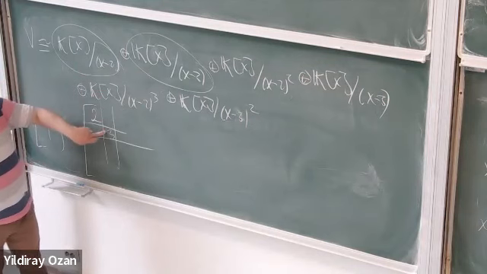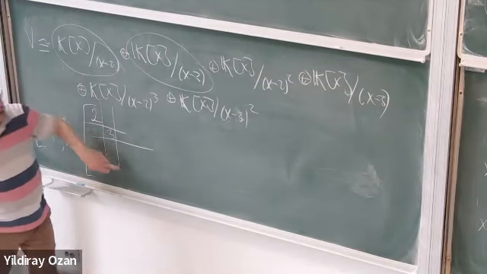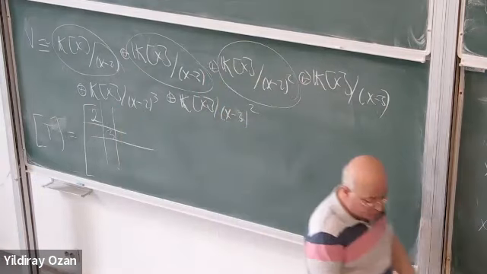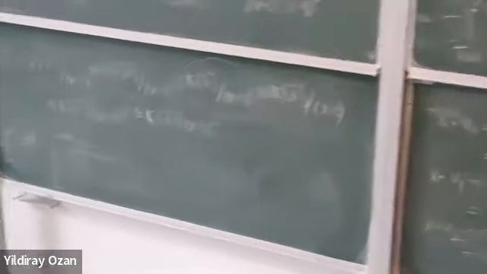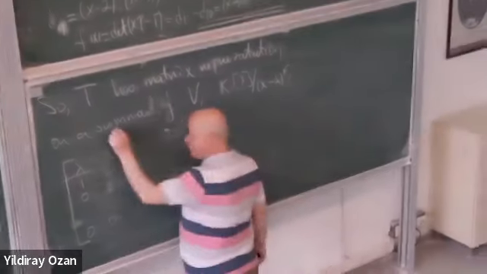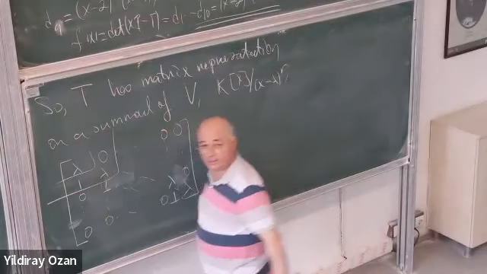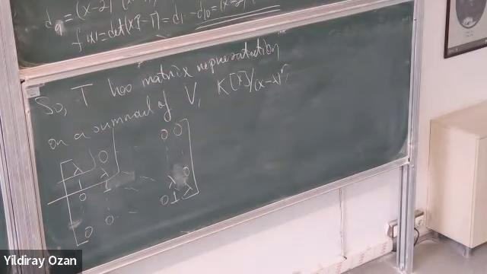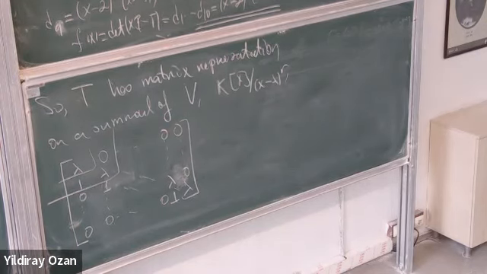This one gives us a Jordan block like this. And then I have a Jordan block of size 2, it will be like this. And the number is just 2. So I have this 2, 1, 0, 2.